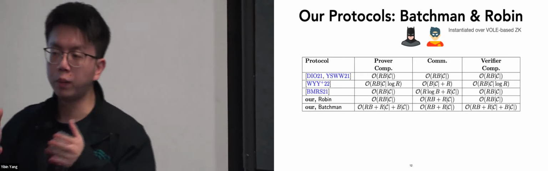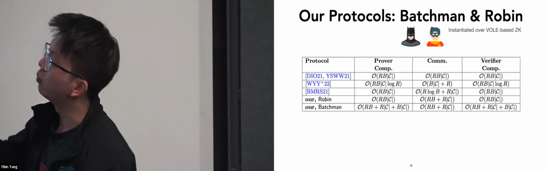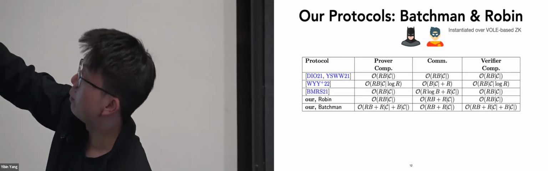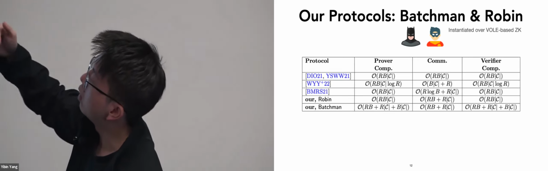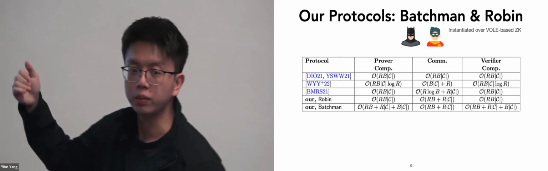In our first protocol, Robin, we're targeting to optimize the single disjunction setting, where you only have a single disjunction you need to prove. Of course, you can still copy this statement R times to finish R proofs. But when you apply it here, we improve the communication from order RBC to order RB plus RC. We shave a factor there for communication. We further improve the computation complexity in our Batchman protocol, where if we are targeting these batch settings, not only can we improve the communication, we can also improve the prover computation and the verifier computation from order RBC to order RB plus RC plus BC.